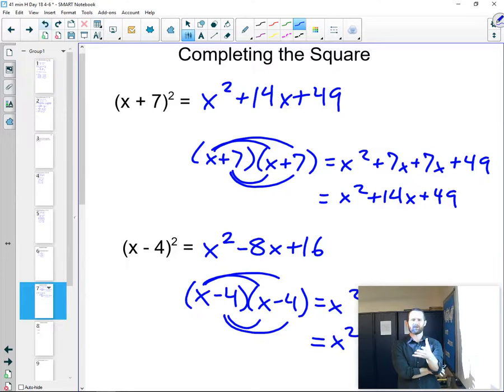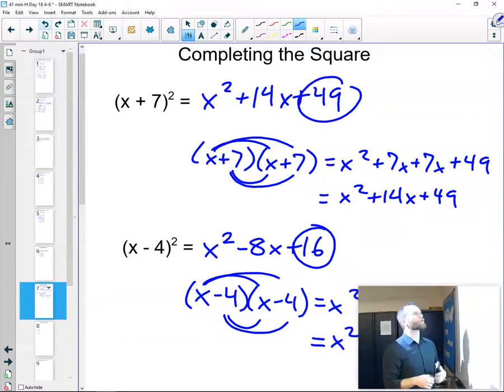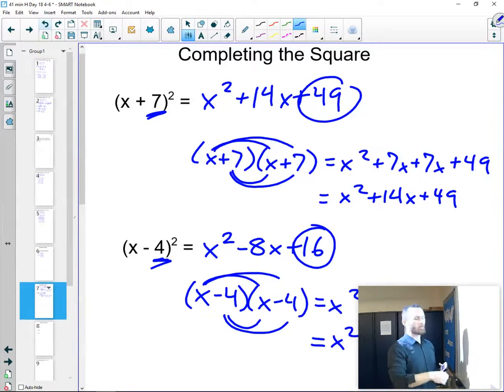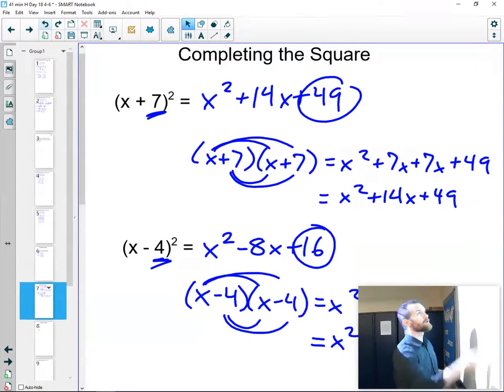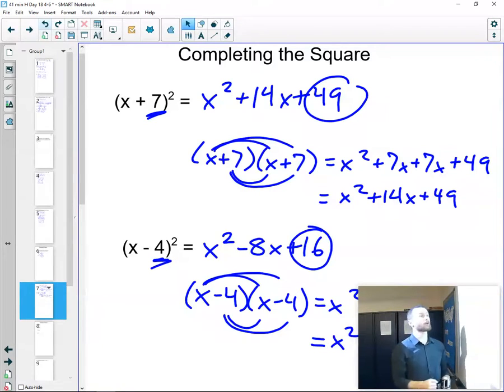What patterns do you notice here? There are 2 main things you need to notice. This 49 and this 16 are the square of the number we started with. We square 7, we get 49. We square negative 4, we get 16. So the C term is a perfect square based on the number we had in our binomial.